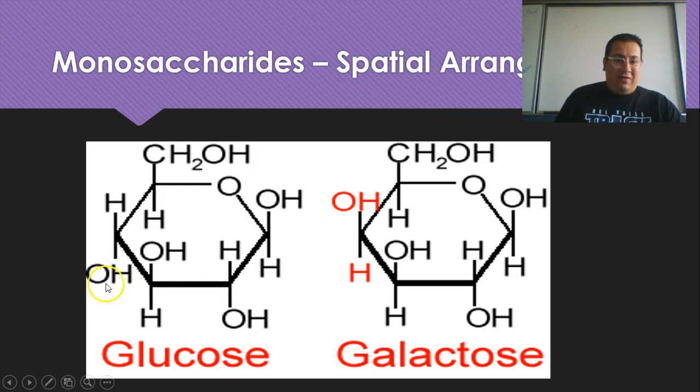As you can see, you have a hydroxyl group down at the bottom; here you have it up on top. That small, minute change changes everything in how the molecule works. This is not a useful source of energy for us. So what our body has to do with galactose is bombard it with some enzymes and change this to this in order for our bodies to use it.